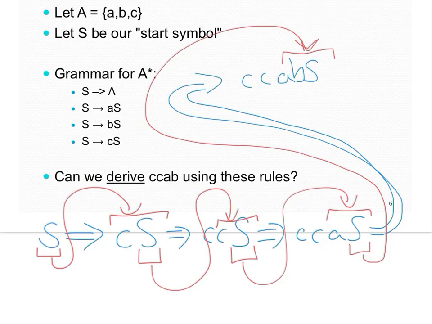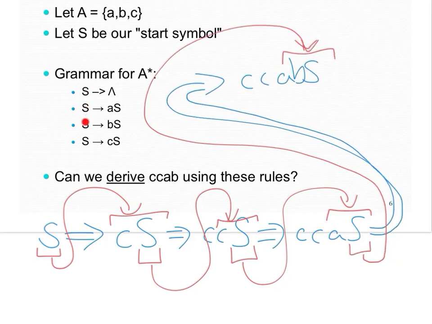And we're not quite done yet because we still have this capital letter S in here. The things on the left-hand side of this grammar, which in this case are all just S's, we call non-terminals. They're like the internal nodes on our tree. They're not part of our alphabet, so we can't stop there.